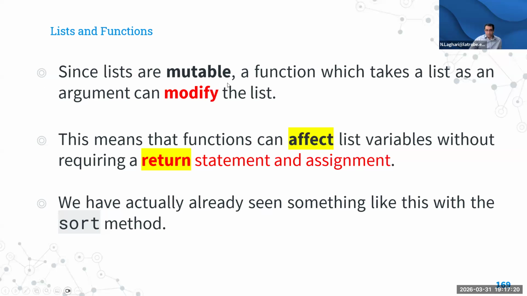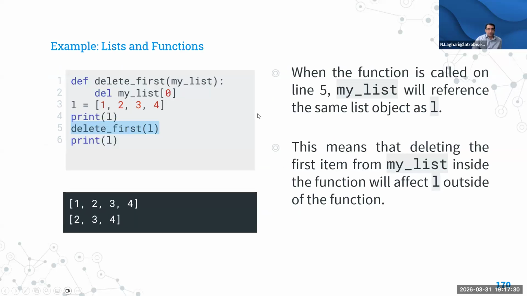Since lists are mutable, let's look at a function which takes a list as an argument. Let's see directly an example. def delete_first(my_list). We have this list here, 1, 2, 3, 4, and we print the list. We send the list to the function, and it has actually changed the list.